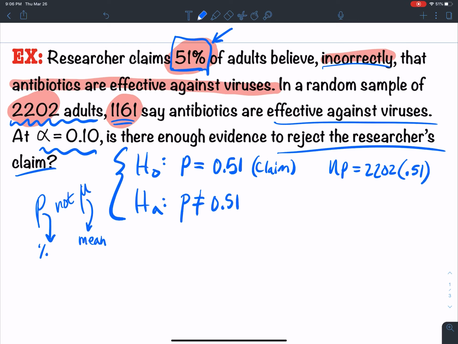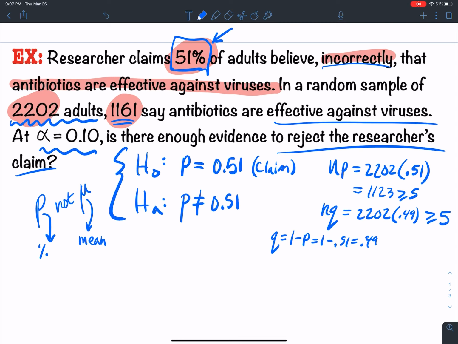When I multiply this out, I get a pretty big number, somewhere close to 1123. My goodness, that's definitely big enough. What about nq? n is 2,202, and q is 1 minus p, so that's 1 minus 0.51, which is 0.49. Multiply it out. Guess what? That number is definitely bigger than 5 also. It's over 1,000. So we're definitely good to go.